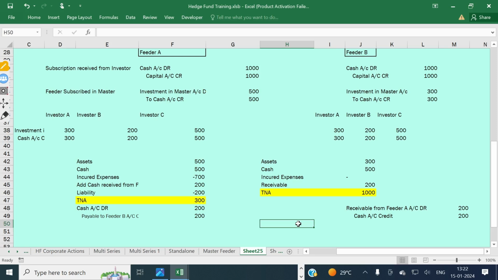I'll just quickly walk you through. I have documents on it. Let me just check for master and feeder.